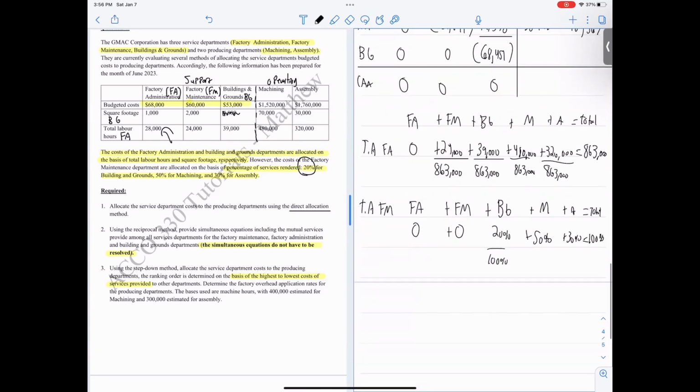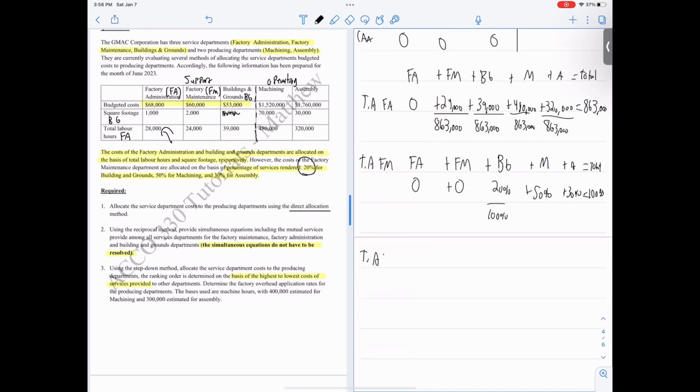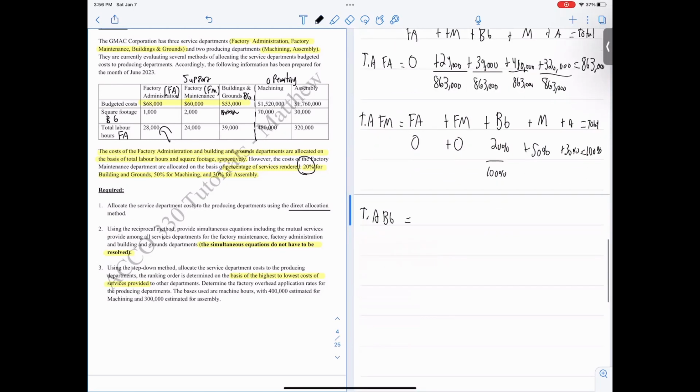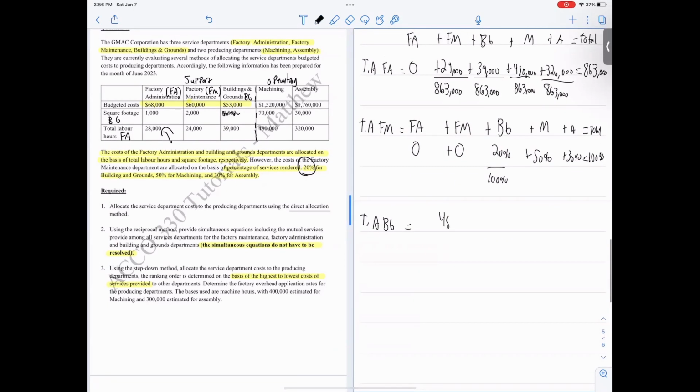Now we do our allocations for building and grounds. It's going to look exactly like the direct method because it's our last allocation here, our bottom support department. So they only help the operating departments. We're doing 480,000 for machining. Oops, almost made a bad mistake there. 70,000 over 100,000 because that's the total allocation. Then we have 30,000 over 100,000 for assembly. So machining and assembly total 100K.